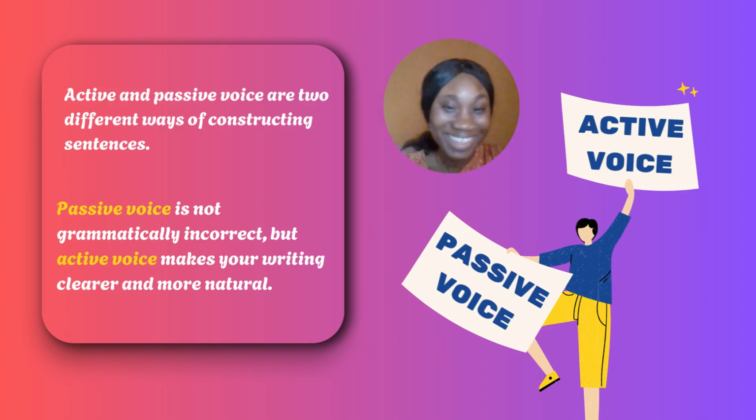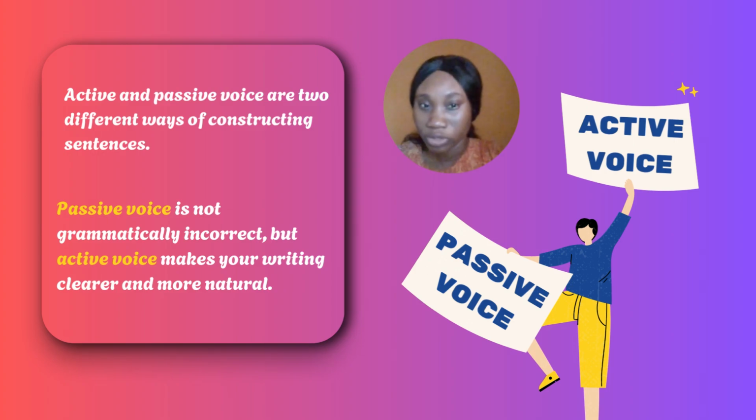All the words I've been saying in this lesson are in active voice. It sounds proper, clearer, and more natural. But passive voice is kind of like as if you are twisting your words. It doesn't look as if it's straight to the point. It just sounds a little bit strange. It might sound wrong, but it's not wrong.